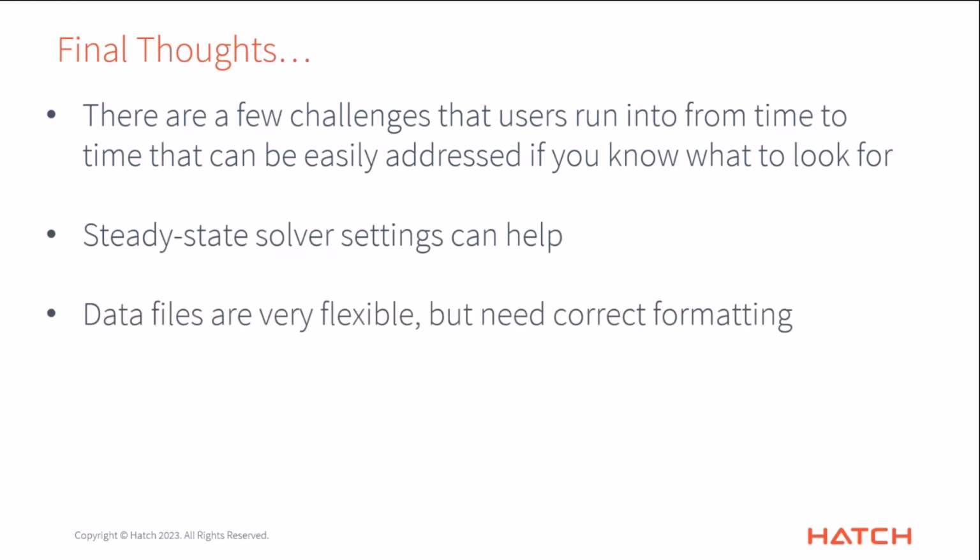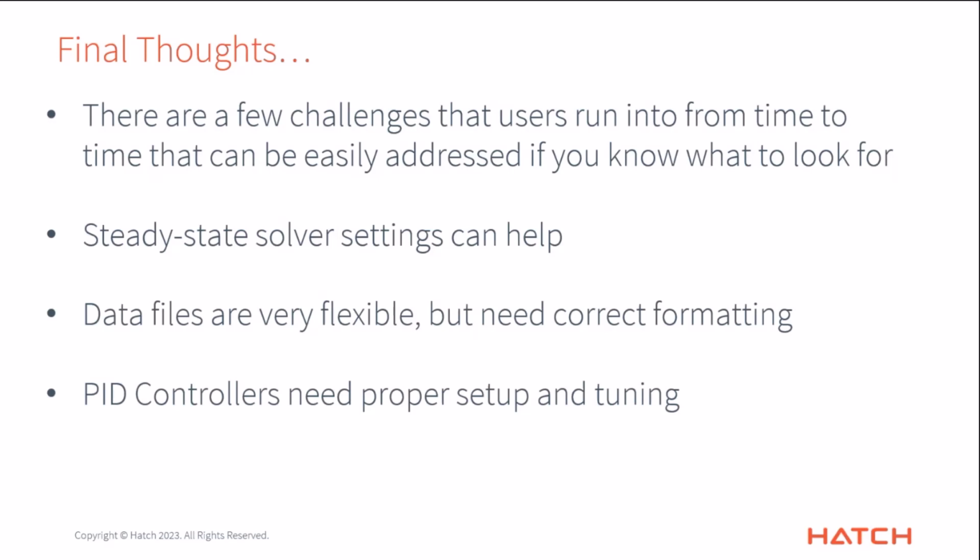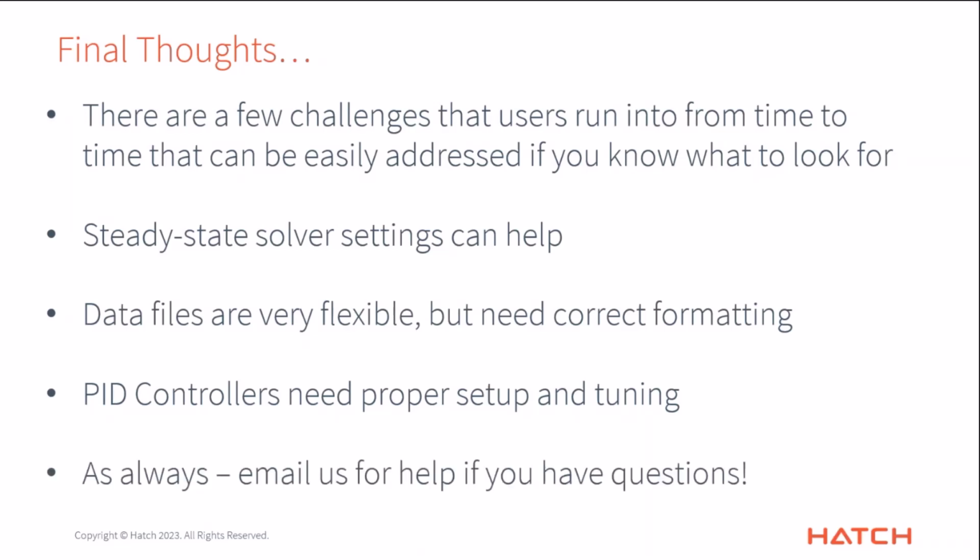The data files are really flexible, but there is some formatting, and in particular, any place where you have a missing data point, put a question mark. And then the PID controllers. Some of them are set up nicely already for you, like the DO controllers. But if you're doing a generic one, or setting up something that requires you to specify the control variable, then you're going to have to do some setup and tuning of that control loop.